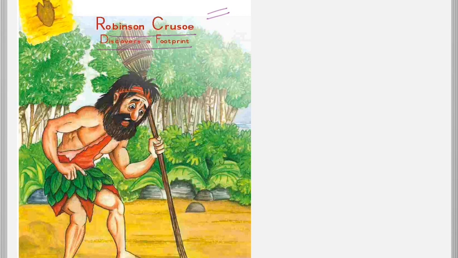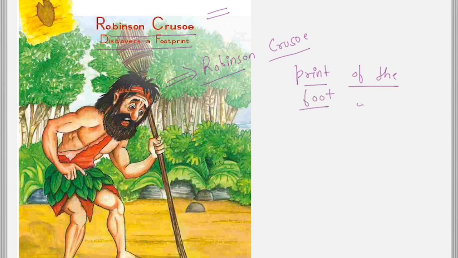In this video, we will study Chapter 6 of Unit 3, Class 5th NCERT, that is, Robinson Crusoe discovers a footprint. With the name, we can have an idea that this man must be Robinson Crusoe, and he discovers a footprint. So footprint is basically the print of the foot when we walk.